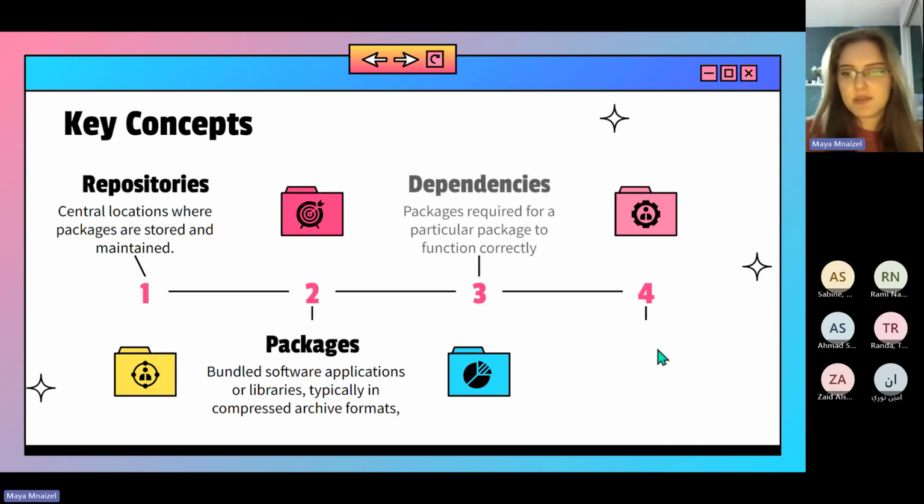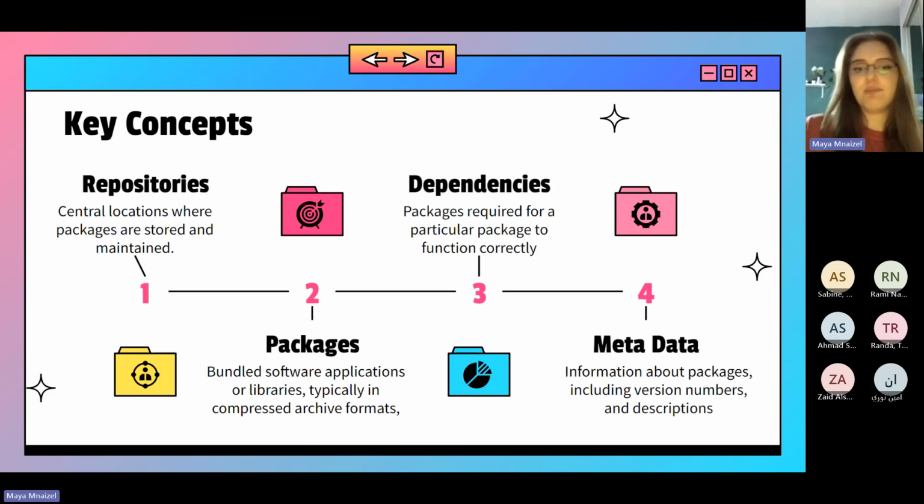So key concepts, or a few things we need to understand, are the repositories, dependencies, packages, and metadata. First thing, we're gonna start with the repository. It's a place where you store software and code, like GitHub or Git. To be more specific, it's GitHub.